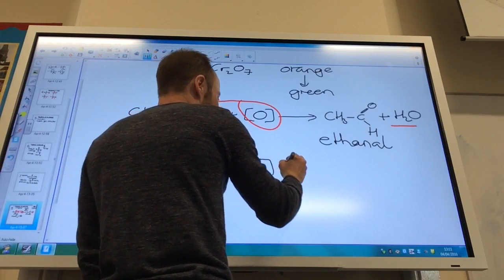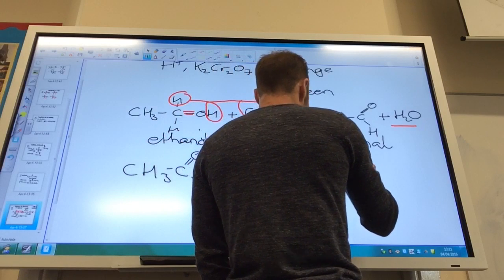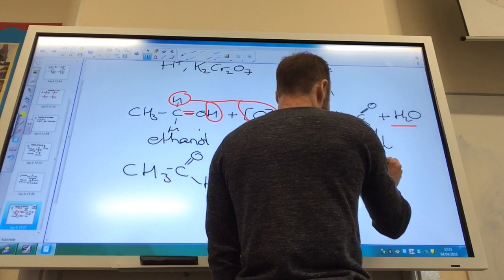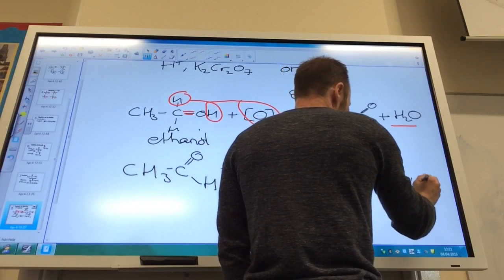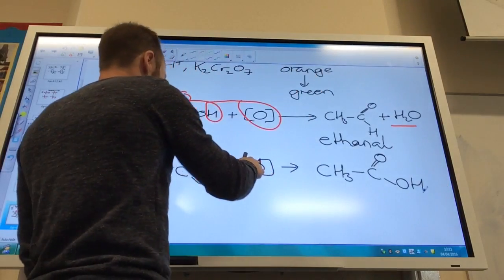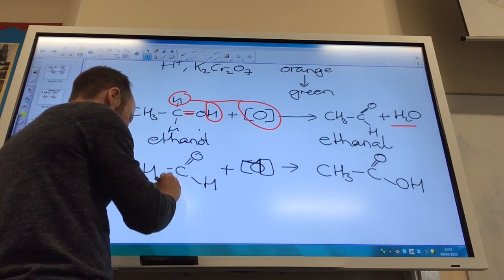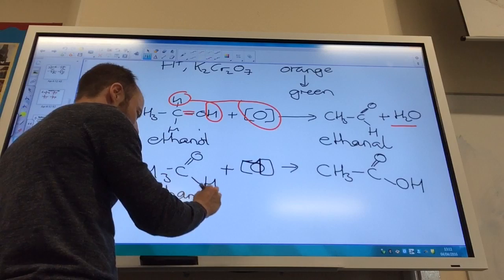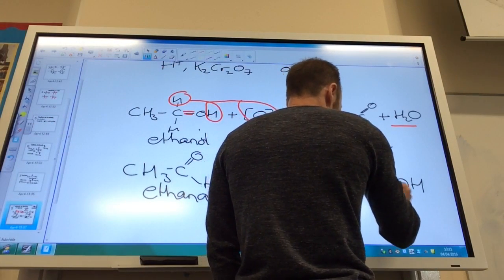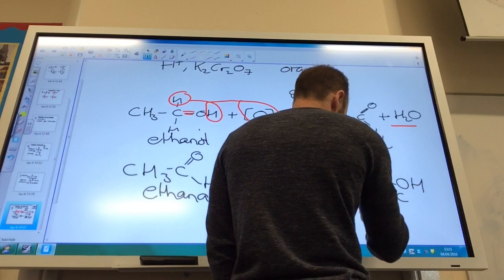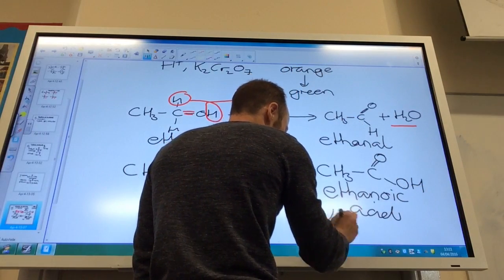So I'm going to put another oxygen in, and it will actually give me this guy here, where I inserted this oxygen into that bond there, and so that is ethanal, and this gives me ethanoic acid, and this is a carboxylic acid.